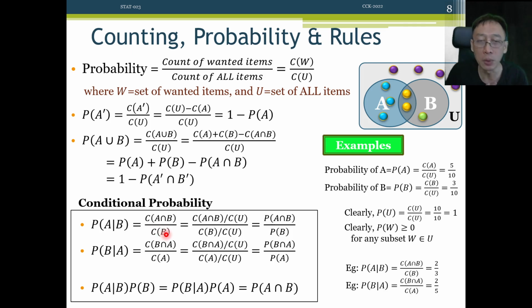Another very important observation I have to share with you is this. P of A given B, right? And we learned earlier on that probabilities are always about the future, about the unknown. Here is a little bit of a twist. So P of A given B, two events.